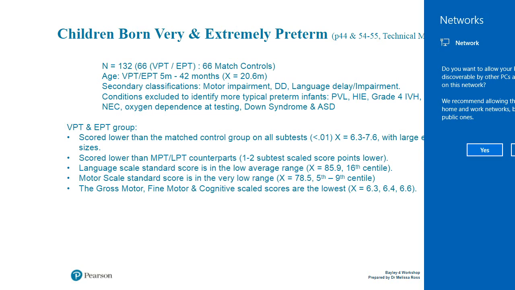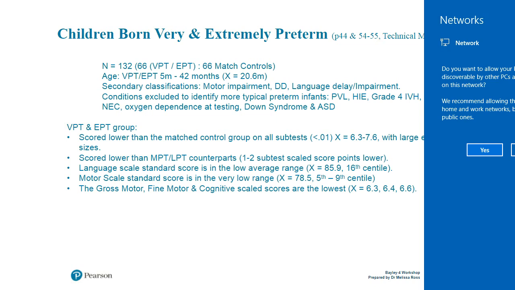In a sample of 66 very and extremely preterm infants compared to 66 matched controls with an average age of 20.6 months, the very preterm and extremely preterm group scored lower than the matched control group on all subtests, with large effect sizes, and scored lower than moderately preterm and late preterm counterparts.